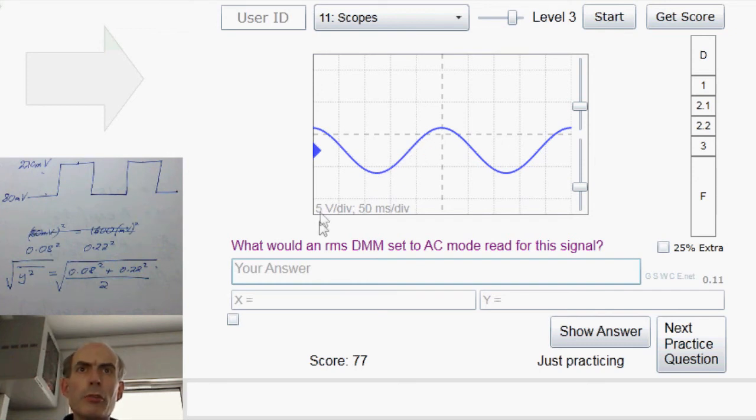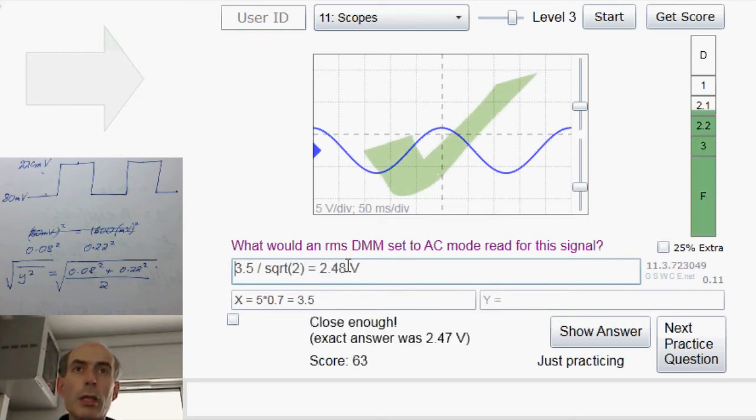And 0.7 divisions at 5 volts would be a 0 to peak amplitude of 3.5 volts. So the RMS value would be 3.5 divided by the square root of 2, because the RMS amplitude of a sine wave is its 0 to peak amplitude divided by the square root of 2.